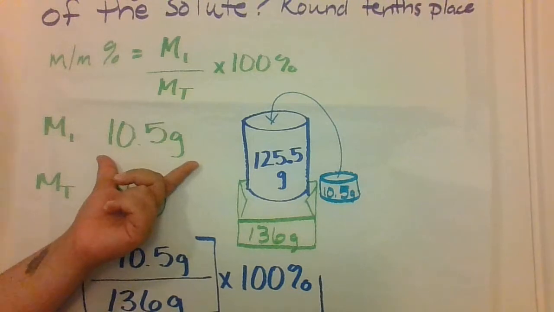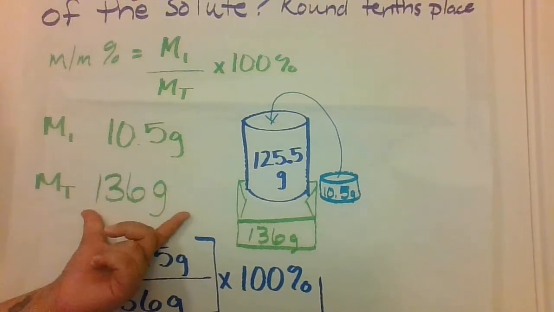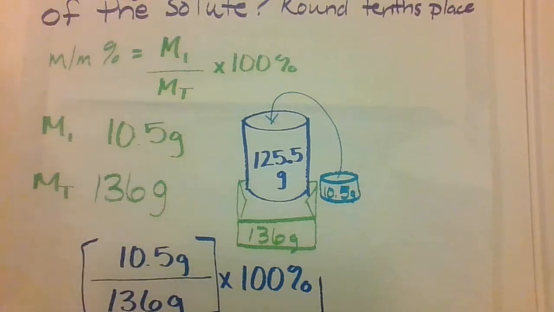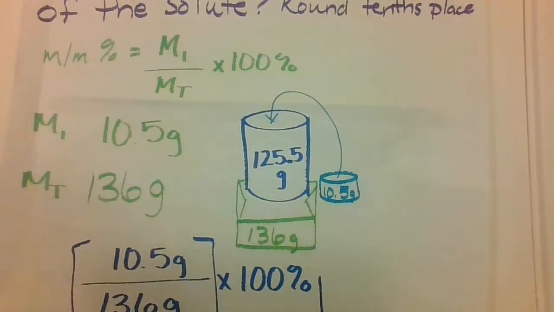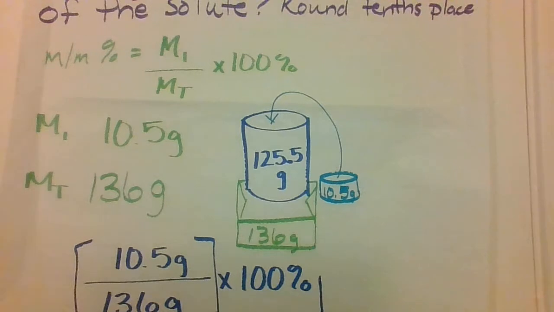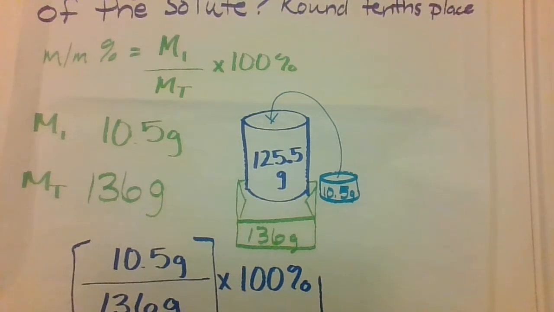Now I also need to determine my total mass. And I know some of you are asking, where did this 136 grams come from? Well, we must remember, just like in our dilution problems, terms such as dissolved in or added to mean we have to put those items together so that we have a total or final volume or final mass.